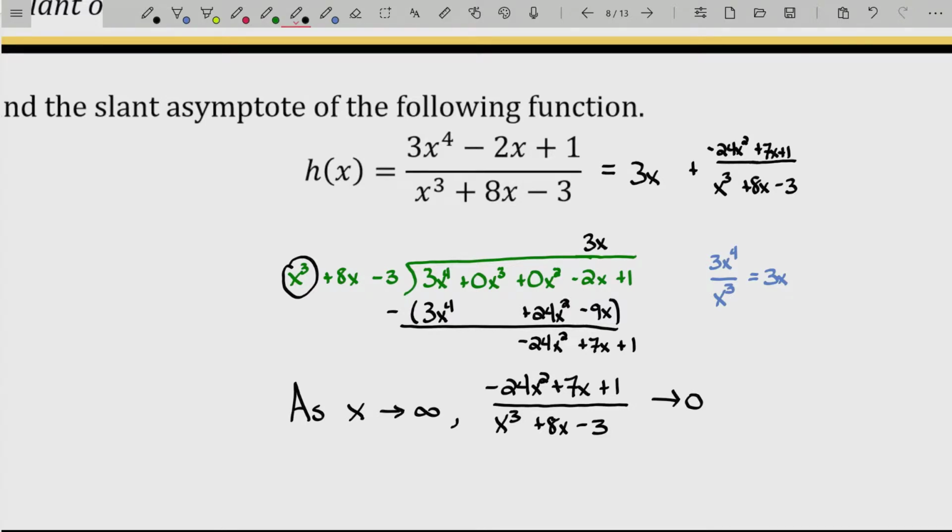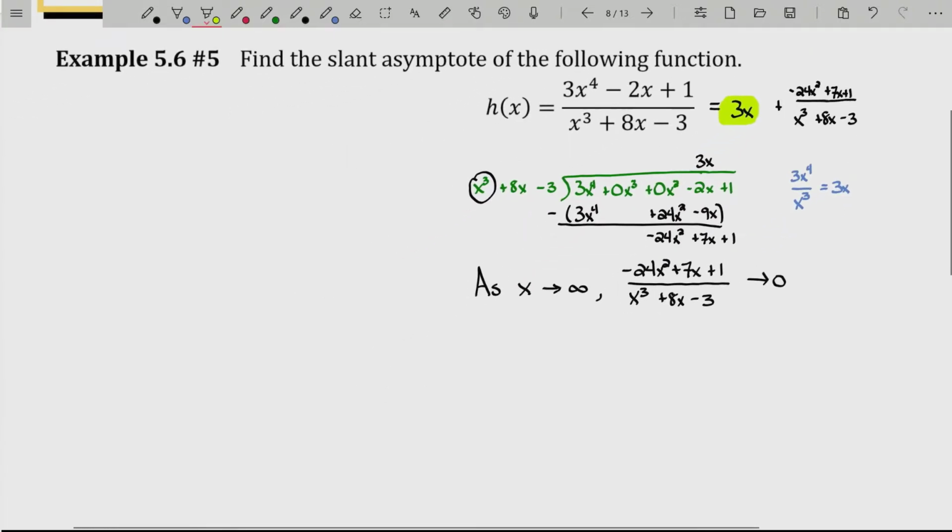This will act like a negative 24 over x, which will tend to 0 as x gets massive. So really, this piece right here is the only survivor as x gets massive. And so the slant asymptote of that function h of x is 3x. That is the guideline to graphing as x gets huge.